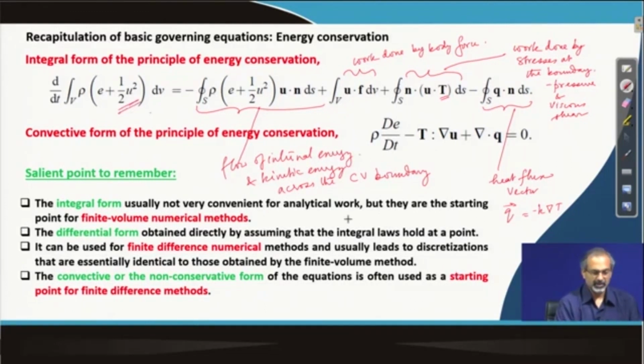And then if we subtract that equation, then we will land up with an equation in terms of the internal energy alone, and then you can apply the definition of substantial derivative.